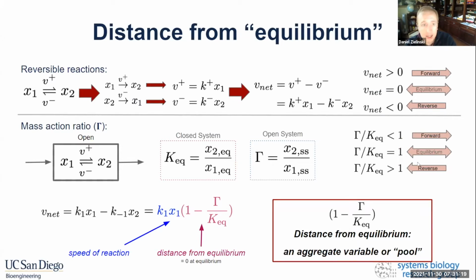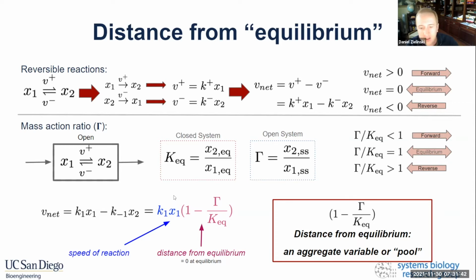The other important concept is distance from equilibrium. So we talked about how for this kind of net reaction, we have an equilibrium constant, which is the ratio of the concentrations when your reaction is at equilibrium. But our reactions are not at equilibrium for the most part because we know that they're carrying flux, right?